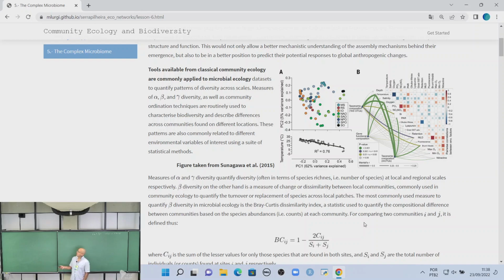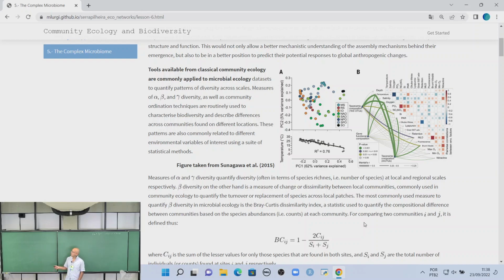And for example, in this picture, we can see that some of the same colors group together in some places. And that means that they are more similar in those particular oceans than in other oceans on the planet. Then the other thing that people normally do when they have this community ecology data is to look at relationships with environmental variables.